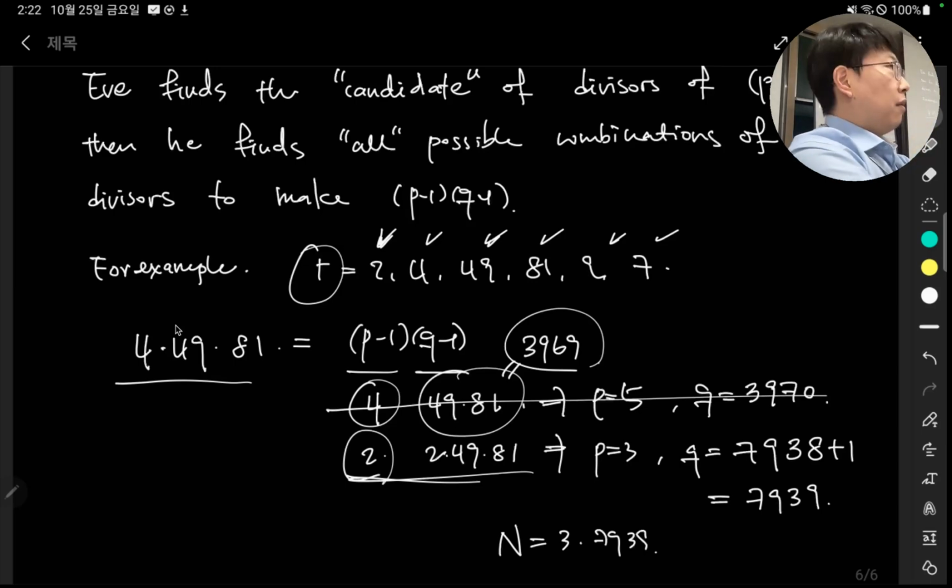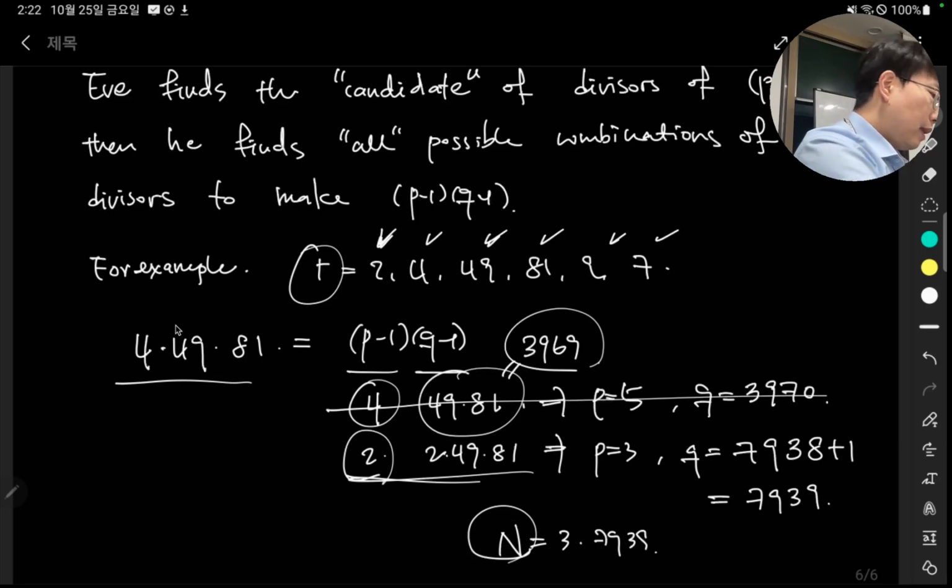But there are still finitely many choices, and that's way faster than checking all the numbers for finding the factors of a large number n. So it's more effective than brute force finding of the prime factors. So that's basically what's going on.